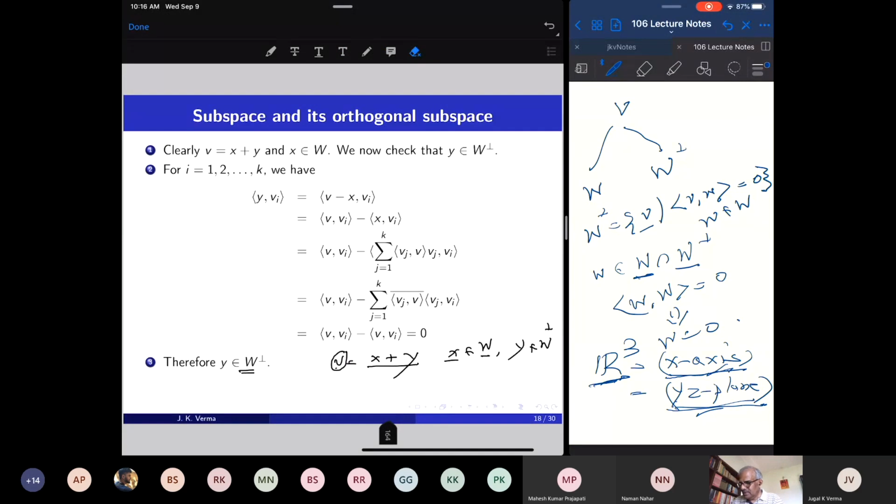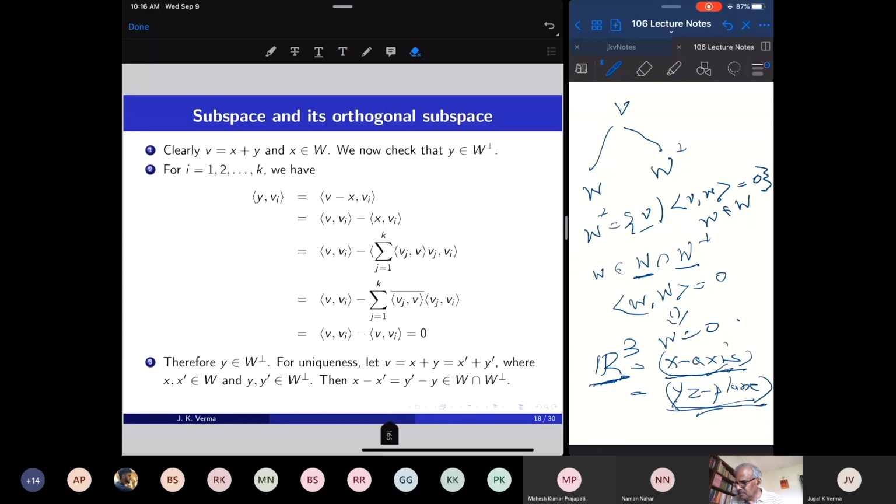Let's show that the decomposition is unique. Suppose I have another decomposition, x prime, y prime, with the same property: x and x prime are in W and y and y prime are in W perp. Then I subtract and I get x minus x prime equal to y prime minus y.